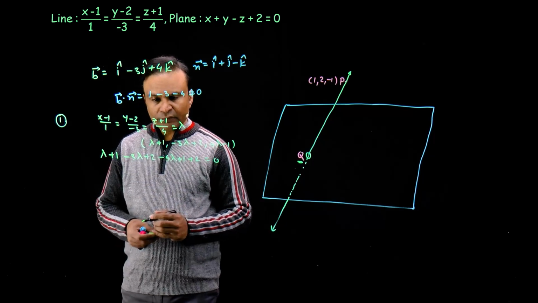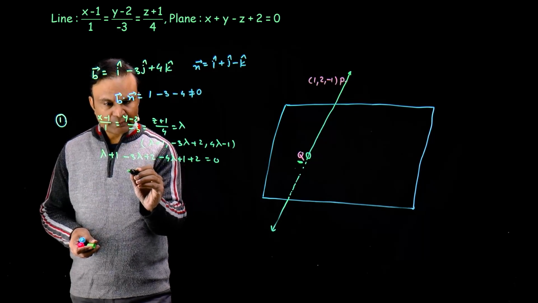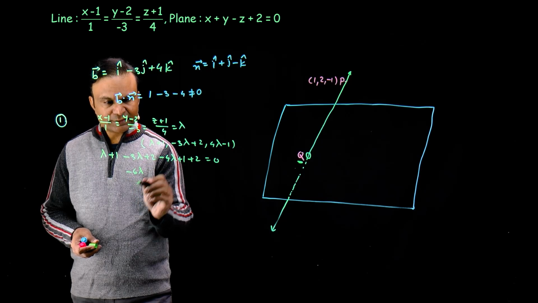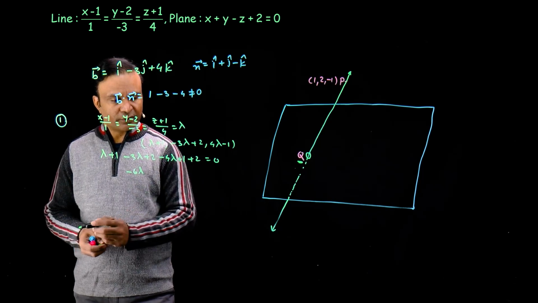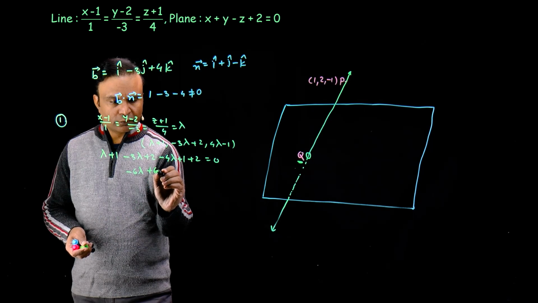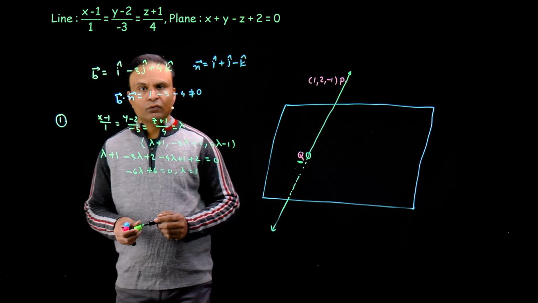Let's get the value of lambda from this. We have lambda minus 3 lambda minus 4 lambda, that means we have minus 6 lambda. And then we have 1 plus 2 plus 1 plus 2, it is 6. So plus 6 is equal to 0. So we get lambda is equal to 1.